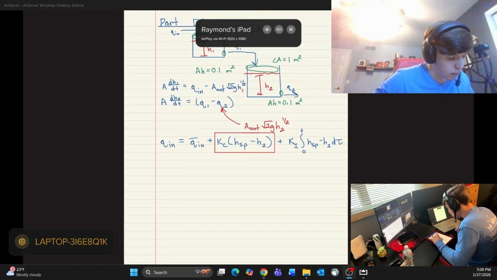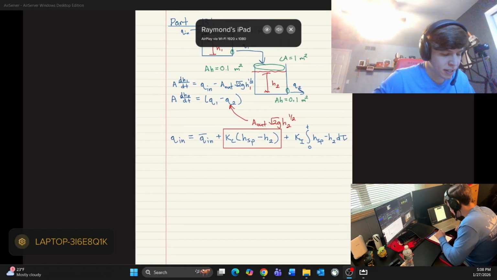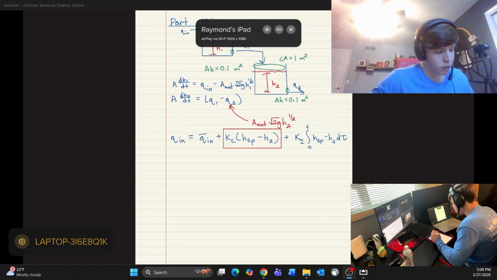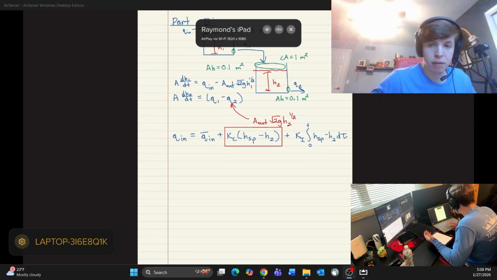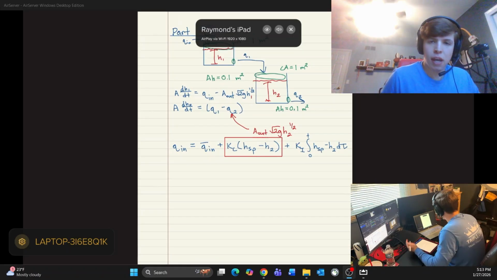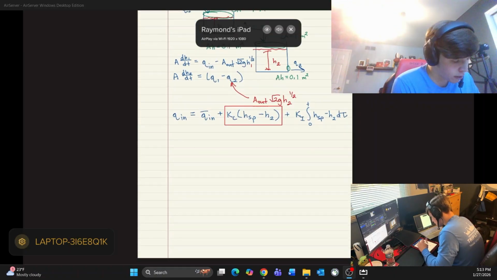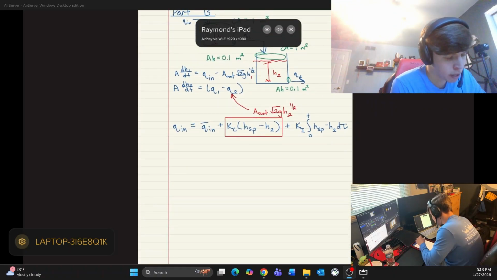And so moving forward, when we see this integral, it becomes a major issue. So what we can do is we can actually apply the fundamental theorem of calculus to eliminate this and get our dynamical material balances.